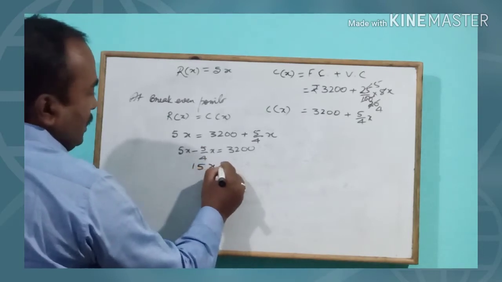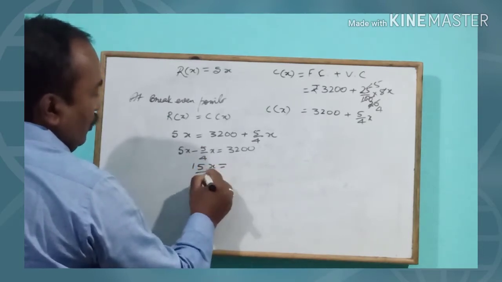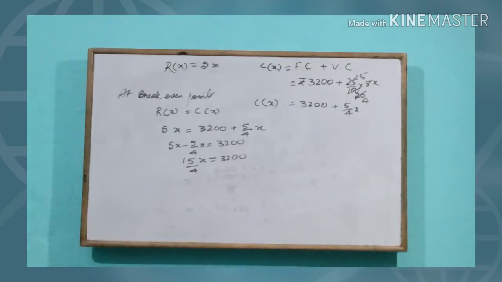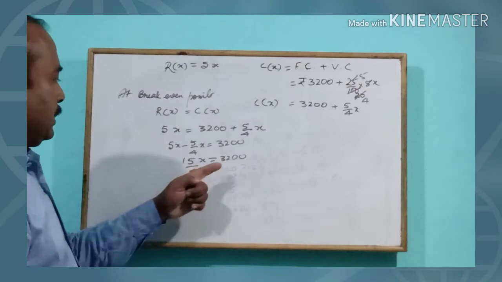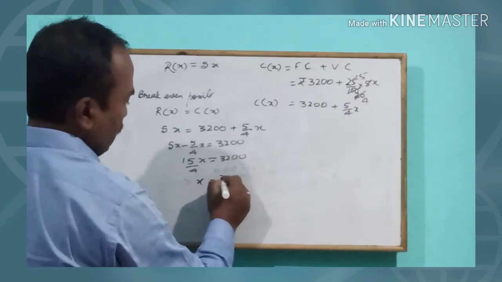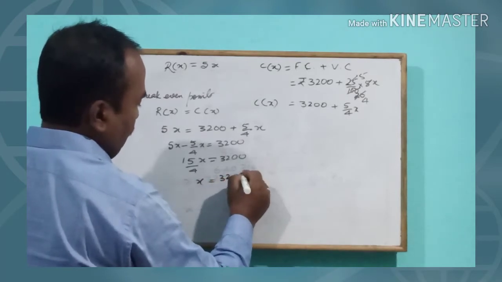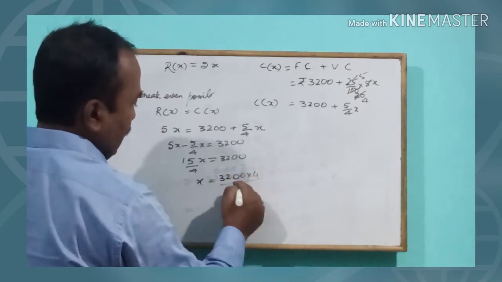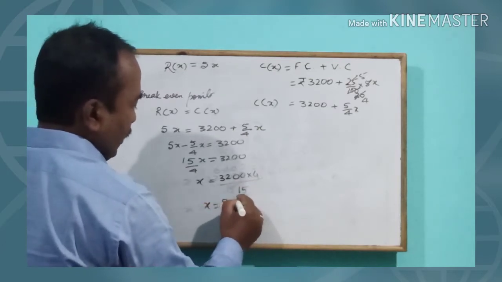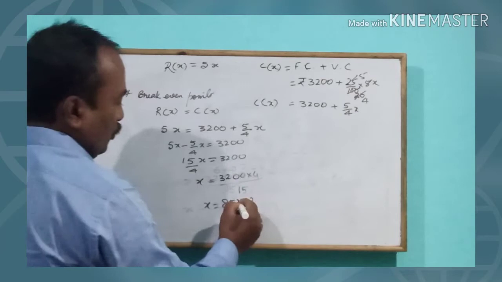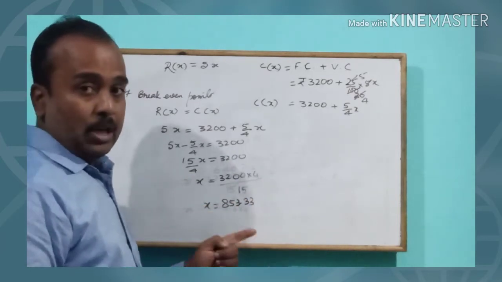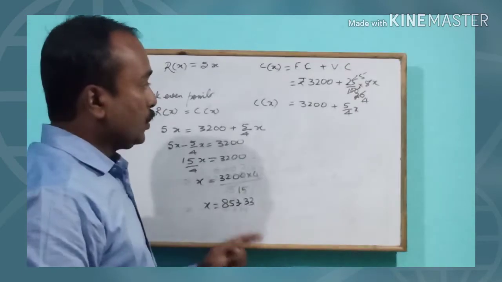So 15/4 x is equal to 3,200, or x is equal to 3,200 into 4 by 15, that is x is equal to 853.33. So we have to sell this much amount of products so that there is no loss, no gain.